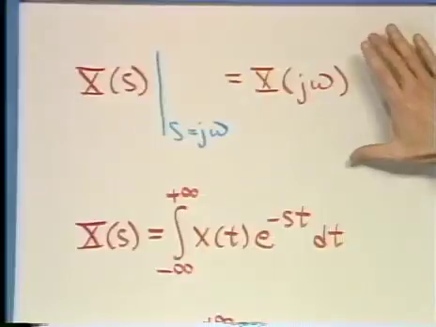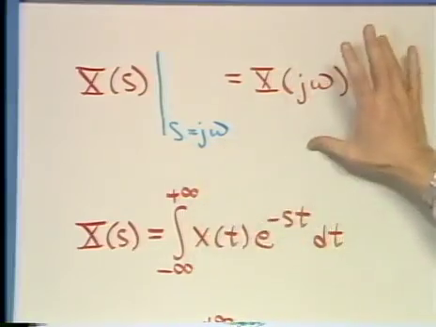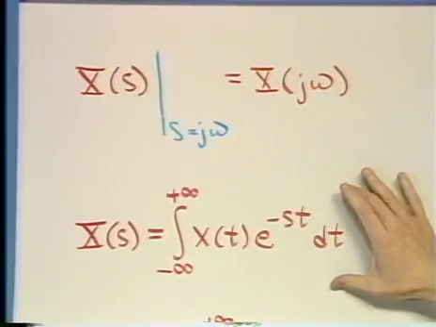Here, of course, we have the relationship that we just developed, namely at s equals j omega, the Laplace transform reduces to the Fourier transform. But now let's look at the more general Laplace transform expression.